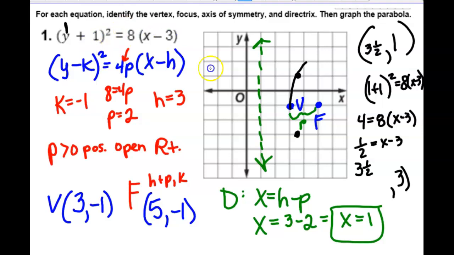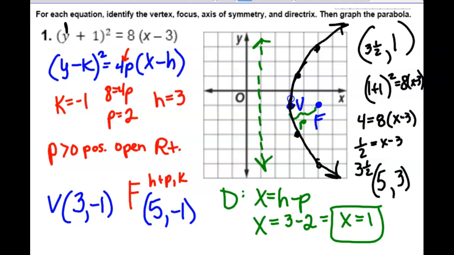Add the 3 over and we would get 2 plus 3 is 5. So 1, 2, 3, 4, 5. It's up at 3. Does that seem like it might be doing the same shape as the last point we found? So it was 1, 2, 3, 4 units away from the axis of symmetry. So it would be down here is the other one.